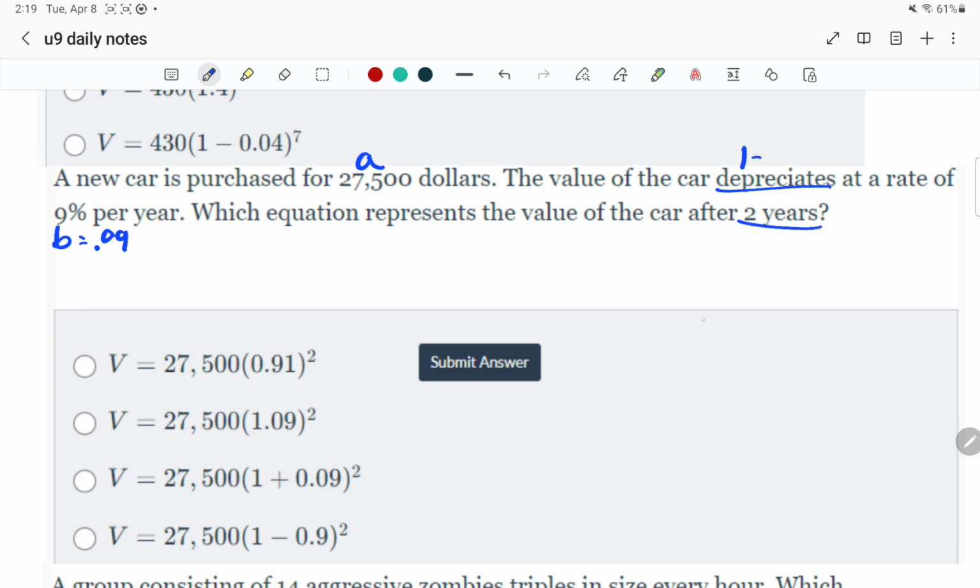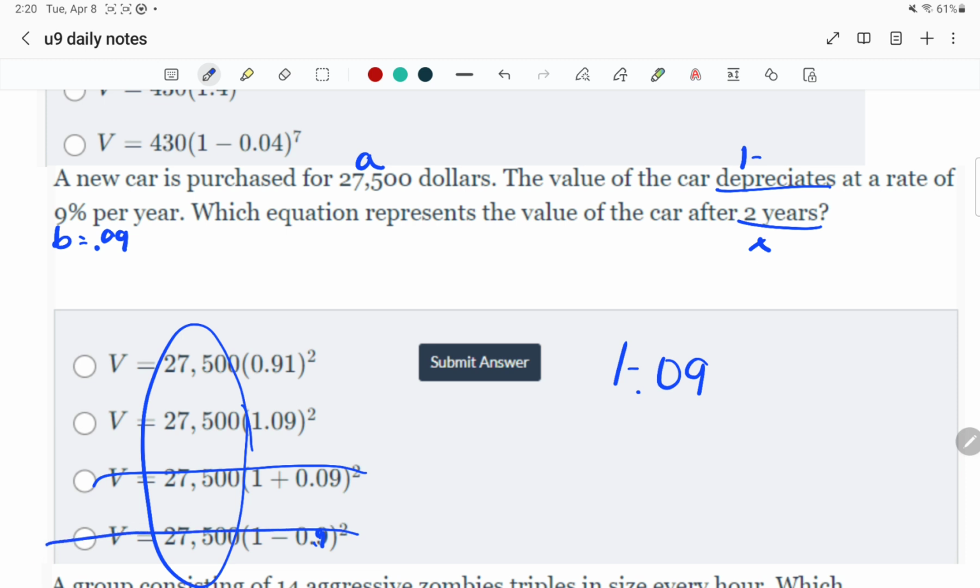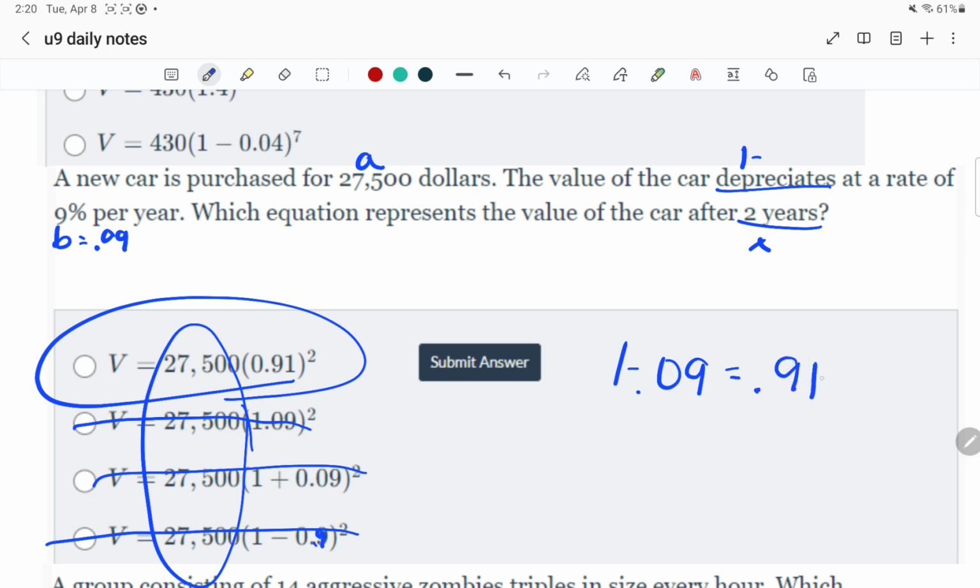Well, 2 is going to be my exponent because it's X. 27,500 is my A, and I need 1 minus 0.09. I see 1 plus, I see 1 minus 0.9, not 0.09, I see 1.09, that's plus again. If I plug 1 minus 0.09 in my calculator, I would get 0.91. So the first one is my answer.